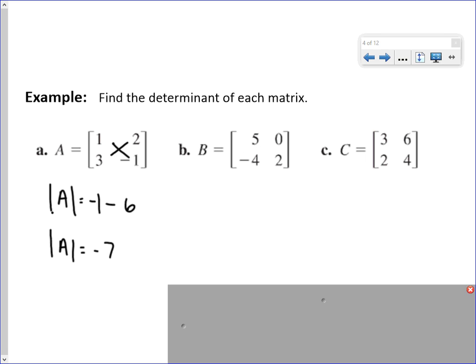So if you would, go ahead and calculate the determinants for these two square matrices.